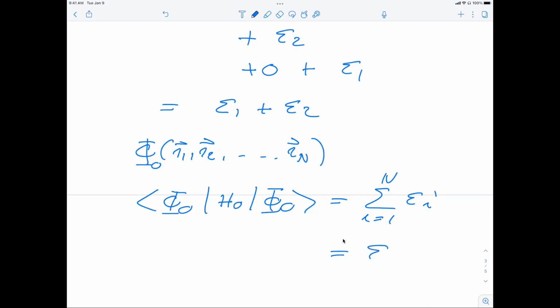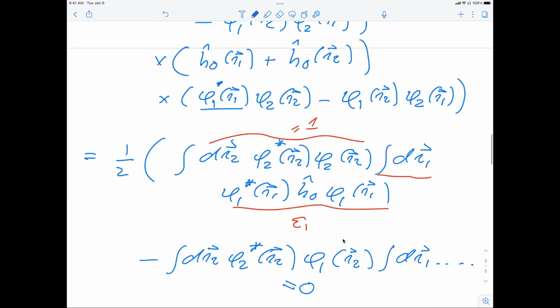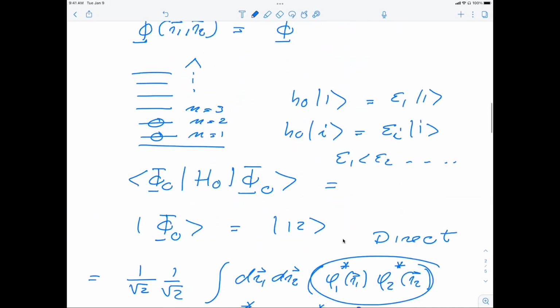I'm going to call this epsilon 0, which should be an uppercase epsilon. That refers, in this case, to the state which you have 0 here. If you have another state where you fill in different single particle states here, then it will have another label, because you can distribute these particles as you want.